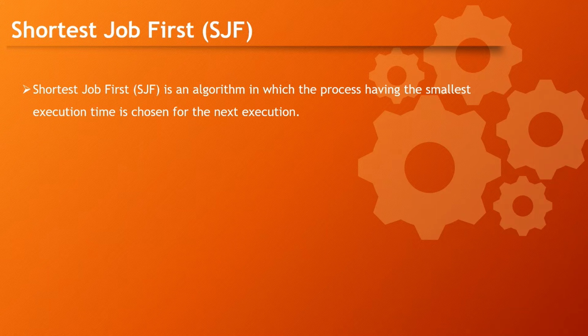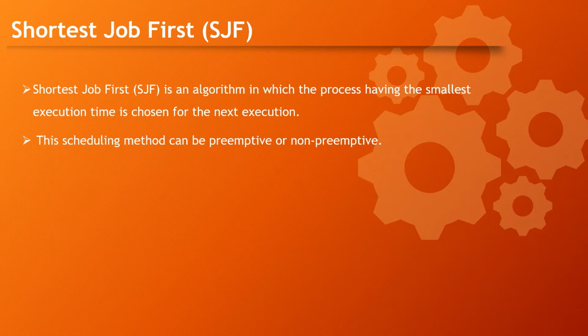Whenever it is time to pick a job to allocate the processor, the operating system looks at which processes are present in the ready queue, picks the smallest job, assigns the processor to that process, and it starts executing. This is the criteria followed here.